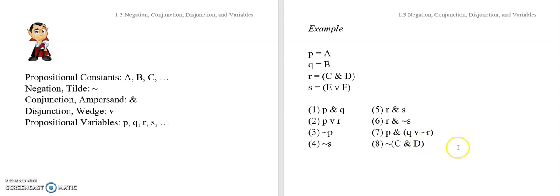So the idea is that these things can stand for any big combination of the capital letters with ands, ors, and nots embedded in them. So go ahead now and see if you can translate 1 through 7, and we'll come back and do them together. Pause now.